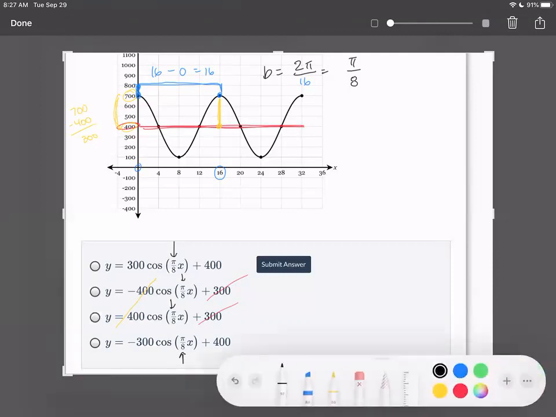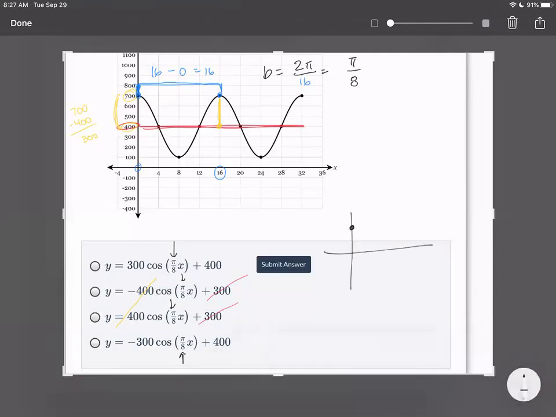So for a cosine, remember how I said cosine looks like that usually, with a little squiggly V? So a positive cosine is going to start on top. And then a negative cosine is going to start on the bottom.